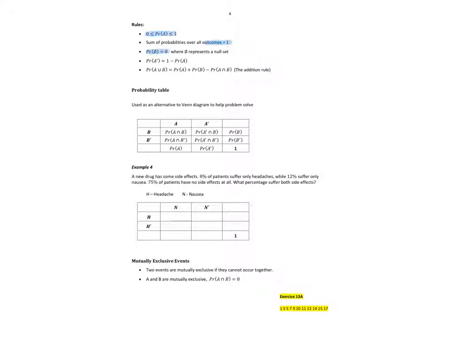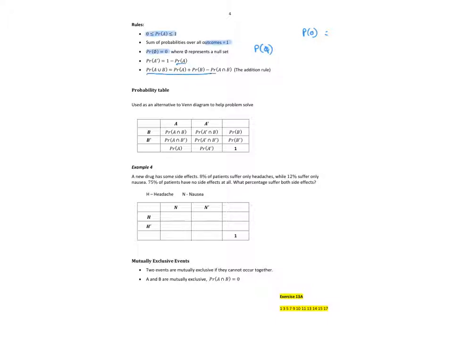So we use the null set symbol, because if I say the probability of 0, it might mean the probability of 0 occurring, yeah? And if we have a die that's got 0 on it, well, 0 can occur. So the null set is the empty set, 0 with a line through it, and the chance of it occurring is 0. The probability of the complement of A occurring is 1 minus the probability that A does occur. So the probability of A not happening is 1 minus the probability of A happening.